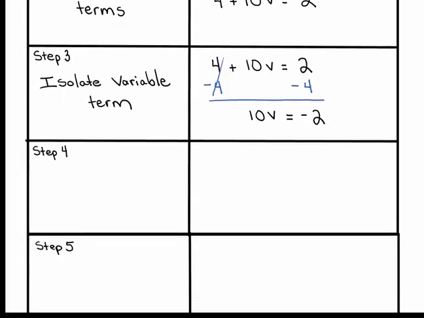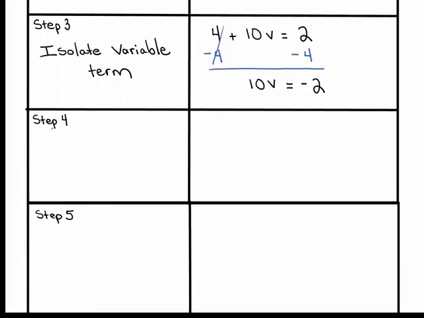Step 4, we want to solve for v, which means we need to have a coefficient of 1 in front of the v.